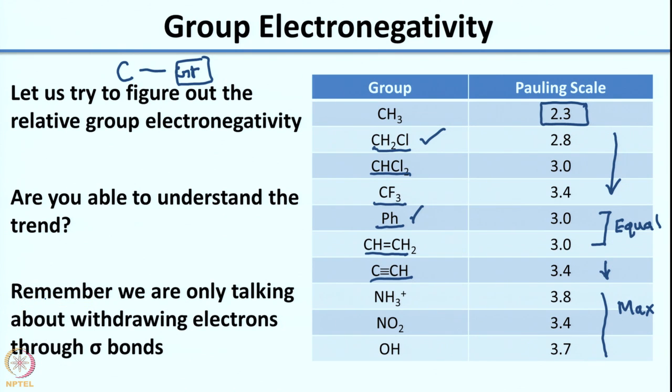now that you have had some time to think about it, what you see is when you go to phenyl and the alkene, both of these are sp2 hybridized. As you see, the percent S character increases, that means the nucleus has a greater tendency to grab the electrons because the percent S character has increased, which is why it is more electronegative.